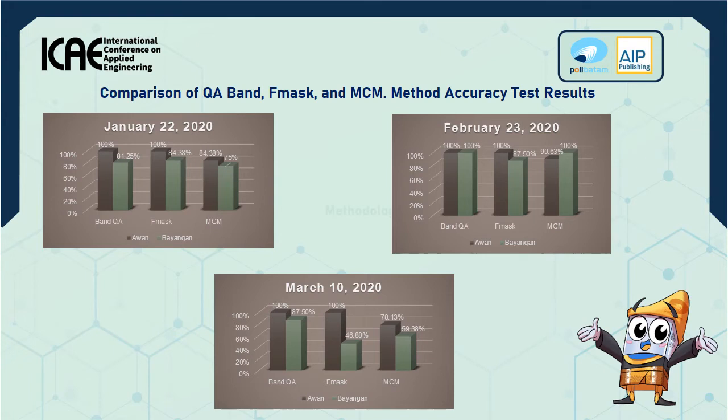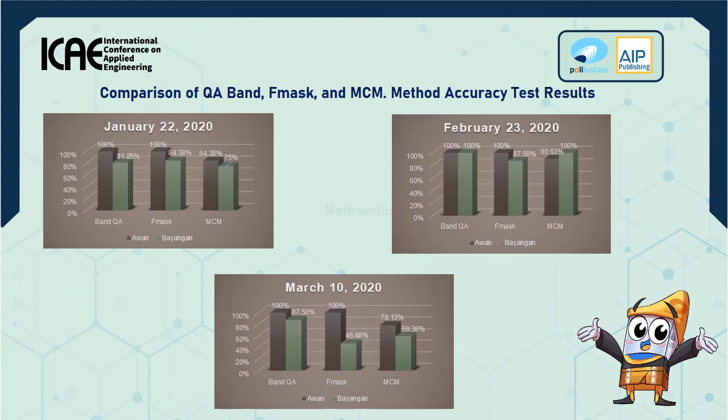On the cloud masking image of BATAM Island on January 22, 2020, the highest shadow accuracy is in the FMASK method, which is 84.38%, and the lowest shadow accuracy is the MCM method, which is 75%.